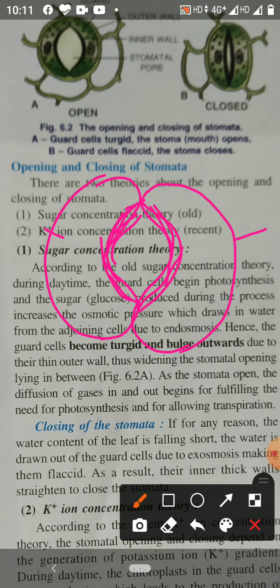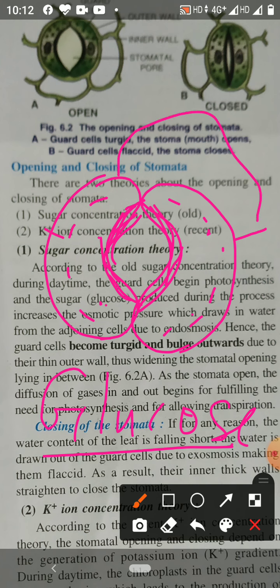In the guard cells, chloroplasts are present. These chloroplasts, in the presence of light, by the process of photosynthesis, synthesize sugar. That sugar is glucose. This glucose dissolves in the cytoplasm of the guard cells. Therefore, the osmotic pressure of the guard cells increases in comparison to the adjoining cells.